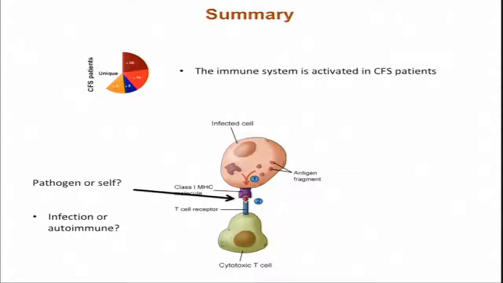However, we don't know, is this a response to an infection or a response to self? This is exciting. However, we don't know whether you want to activate the immune system or inhibit it. These are things we are looking into towards the future.